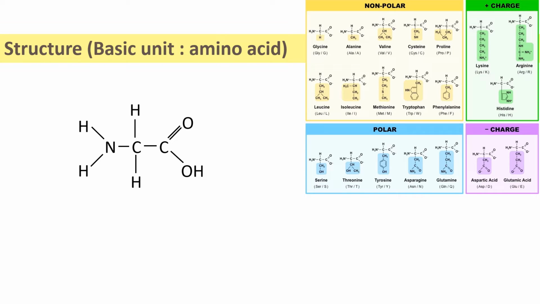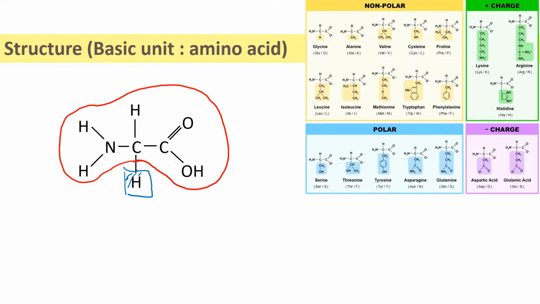So here is my answer. You'll see that all these upper parts are common, are the same among all the different amino acids. The only different part is the lower part here.